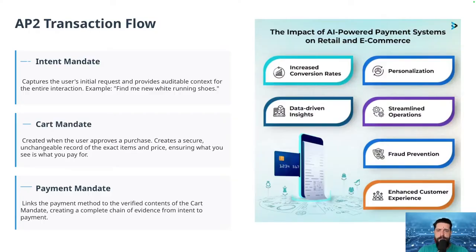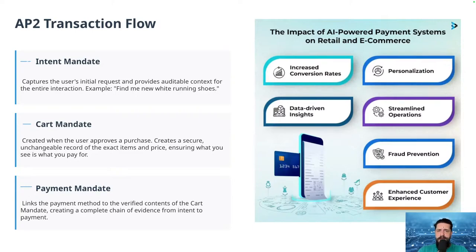And the third is the payment mandate. This is the final piece of the puzzle. The payment mandate links your chosen payment method to the verified contents of the cart mandate. Once you sign this mandate, the agent has the authority to complete the purchase.